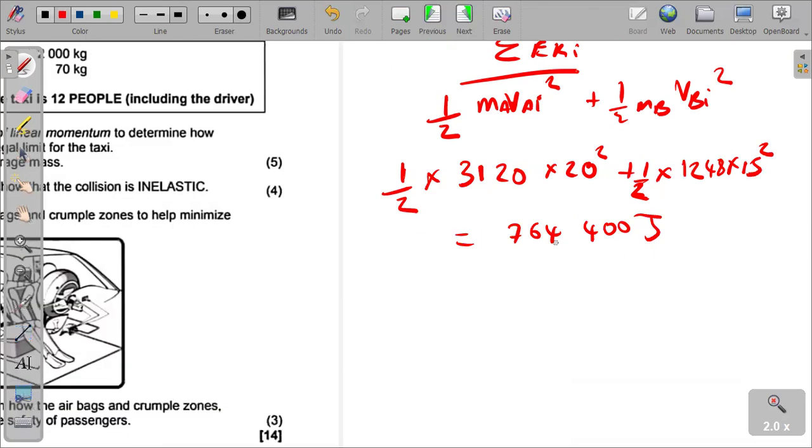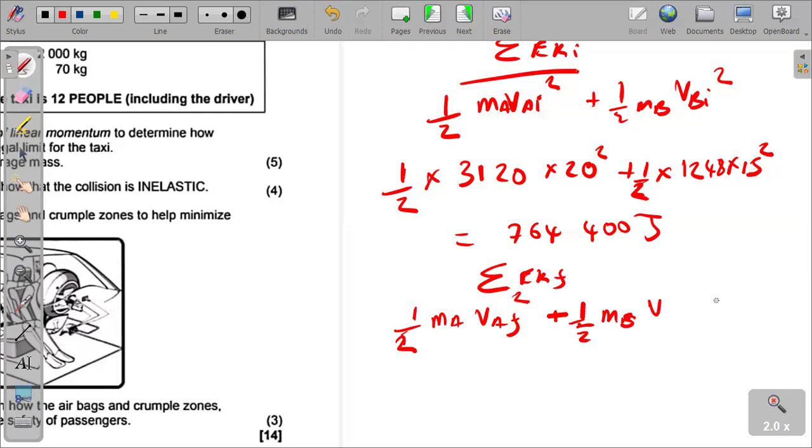Now let's go to the total kinetic energy after the collision. We call it sigma EKF. We want to check what we are going to get again. We are saying it's half MA VAF squared plus half MB VBF squared.